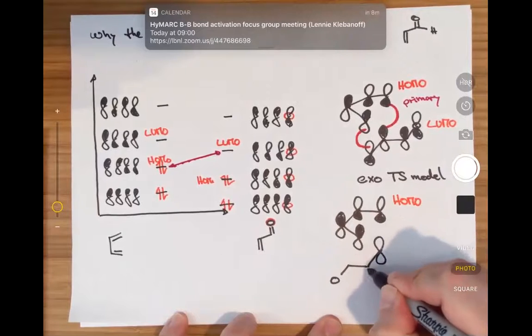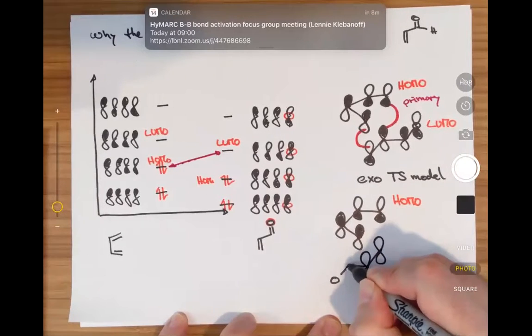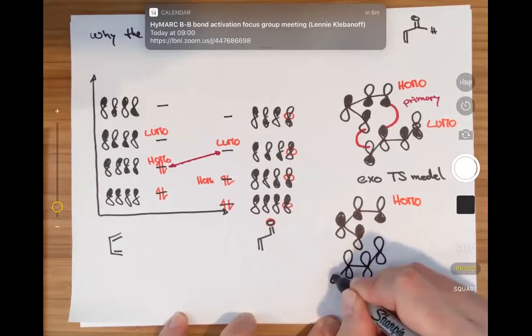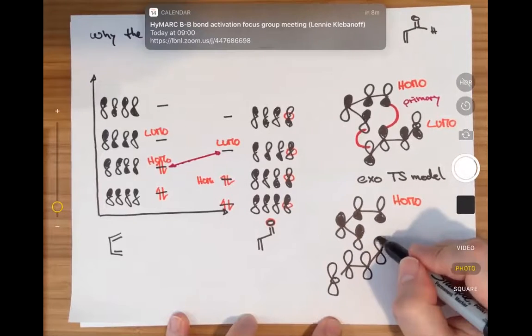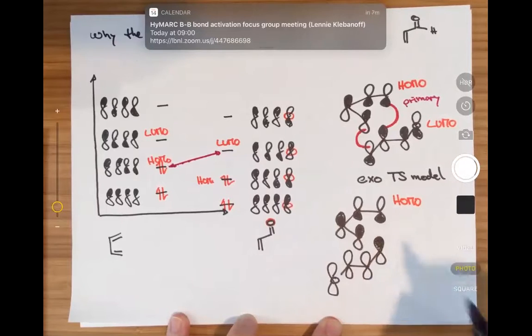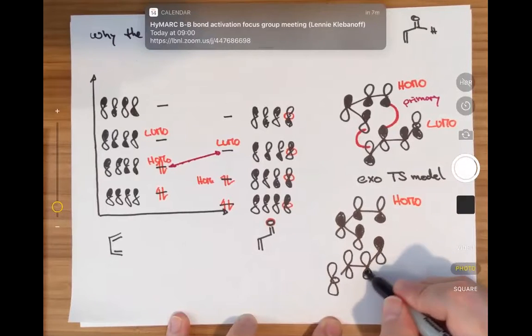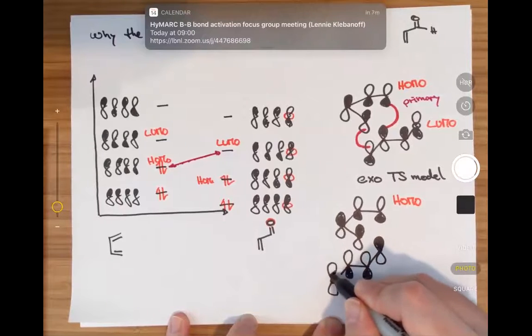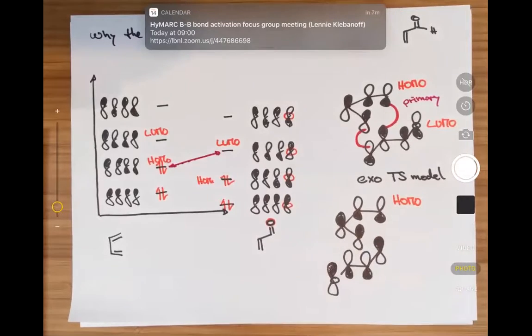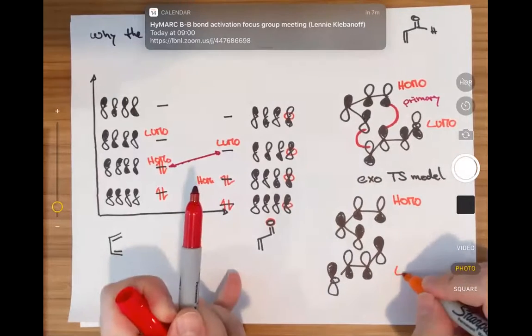So I have 1 node here, and 1 node here. And now I can look at the shading again. I know that this is the lowest unoccupied molecular orbital, so it has 2 nodes in it. This lobe is going to be shaded, and this lobe is going to be shaded. Now, if I look at the possible interactions again, let's draw the LUMO quickly here.